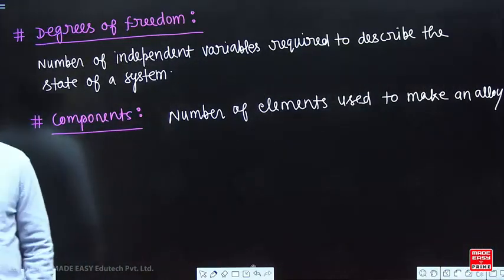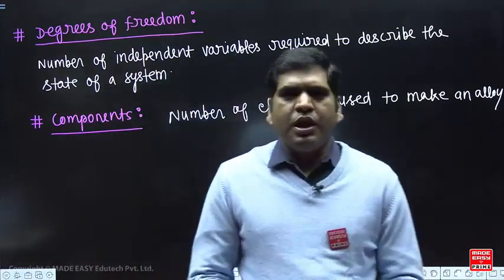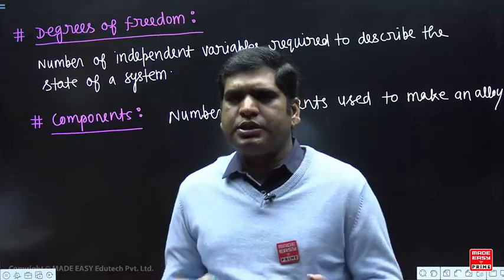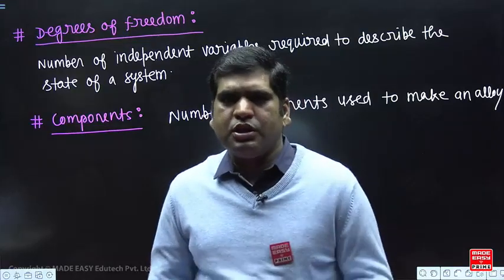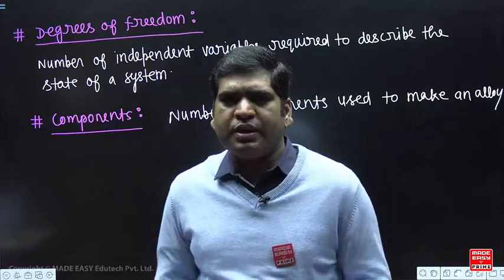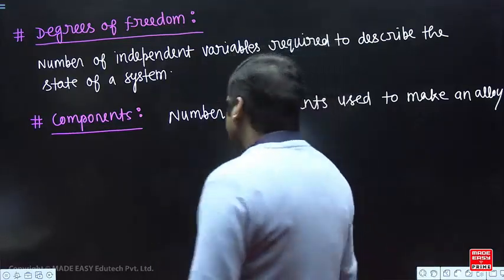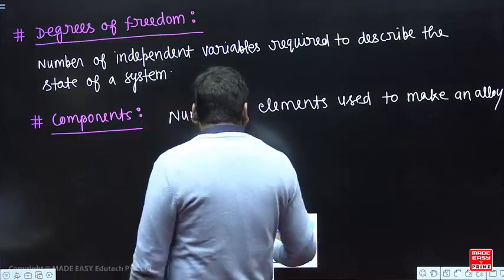Then phase equilibrium. Equilibrium means stable condition. And in the beginning I told you stability and energy are inversely proportional. So when I talk about the equilibrium condition, it means the system should have minimum energy. The system's own energy is called free energy. So it should have minimum free energy.